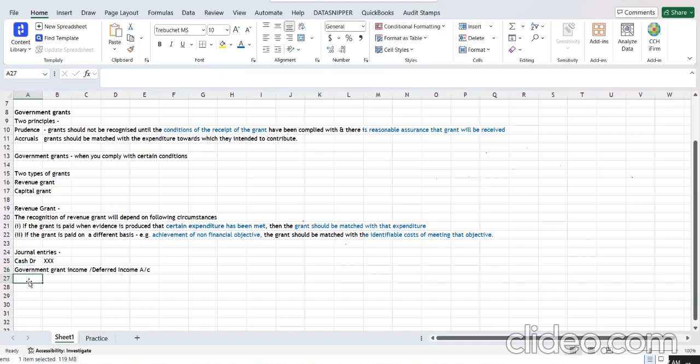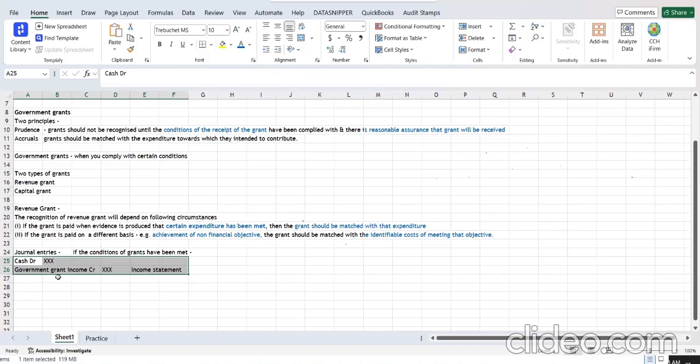So if the conditions of the grant have been met, then I would debit my cash account and I would credit my grant income account. So this income account would go into the credit side of my income statement, because this is my revenue. I have got some sort of expenditure and I am receiving the grant for that expenditure.